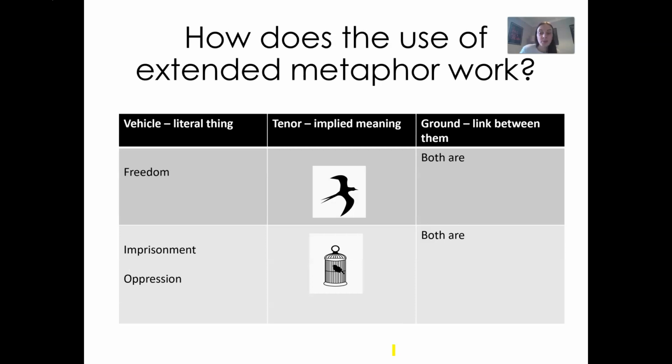Now have a go at the ground. What is it that links? What is the link between the two objects? So if freedom is linked to a flying bird, what's the common ground between them? Both are what? Pause the video and try and fill in that column.